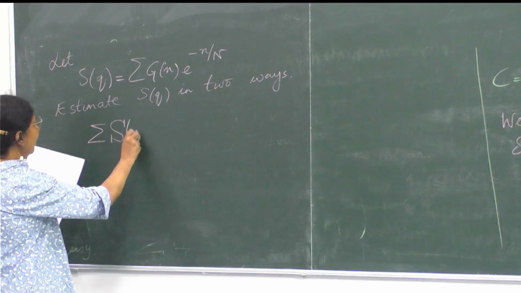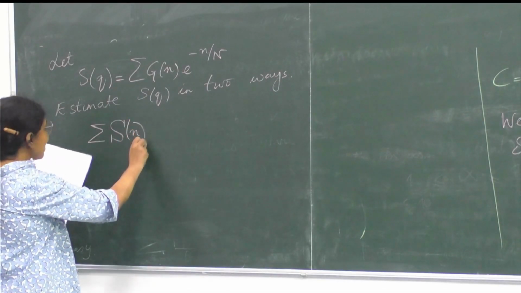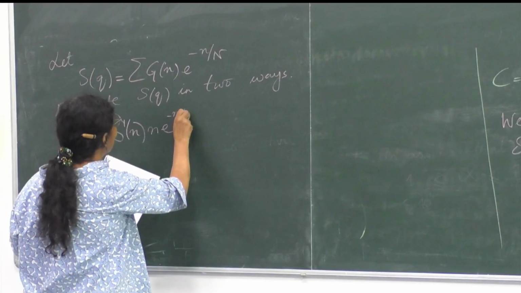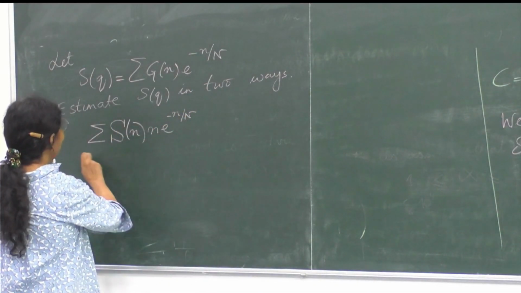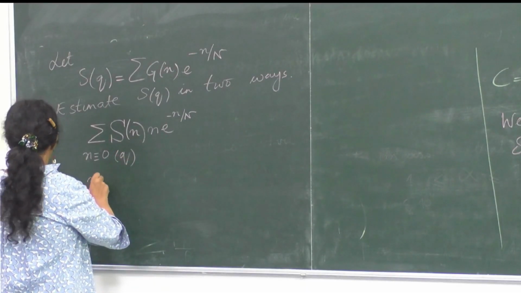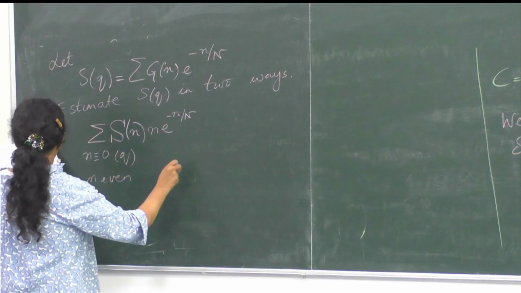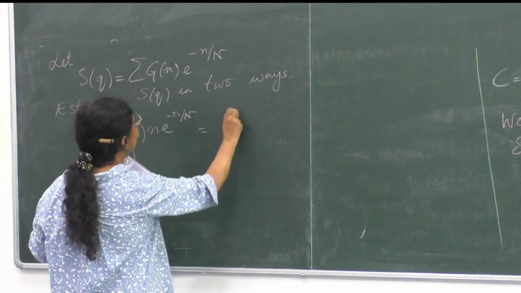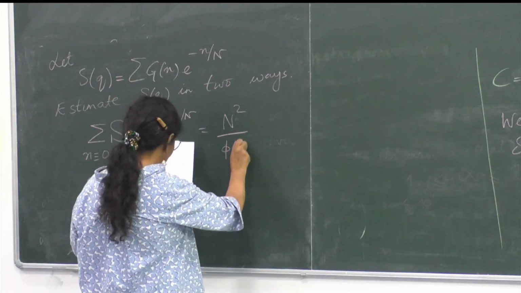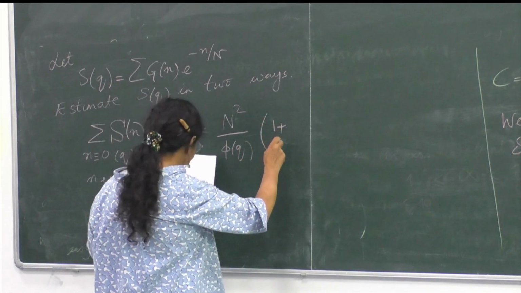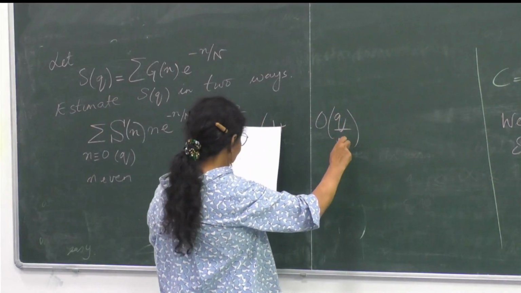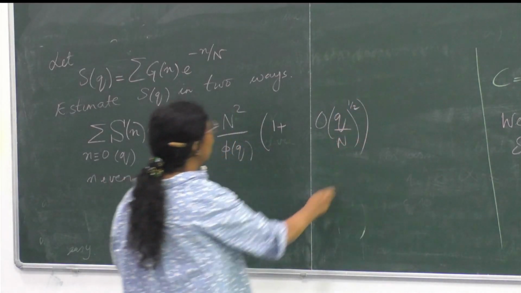You have S of n exponential minus n by n, n congruent to 0 mod q, and n even. This one is equal to n squared by phi of q times 1 plus big O of q by n to the half. All right.